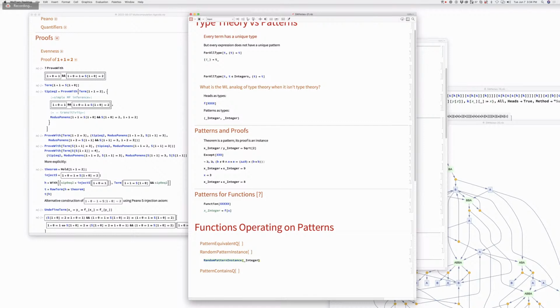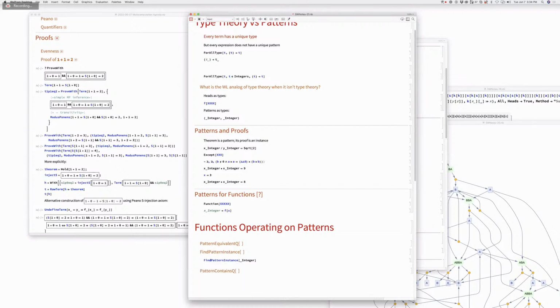Is it going to be find pattern instance then? I just feel like random makes it sound like I'm going to randomly sample. Find is totally fine. Yes, that's a better name. Find pattern instance. So there's no guarantee about what kind of a pattern instance it generates, just like find instance does the same thing.